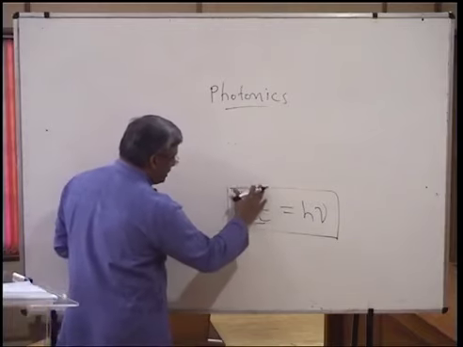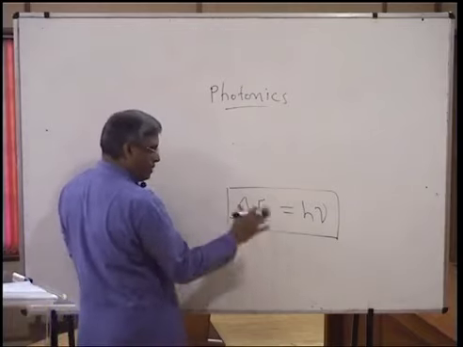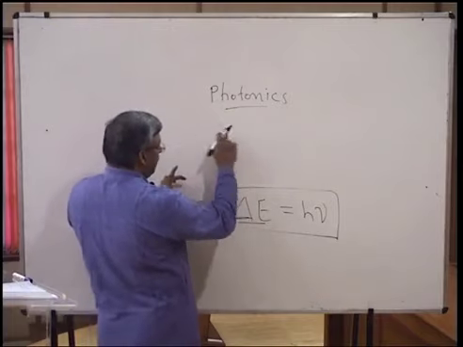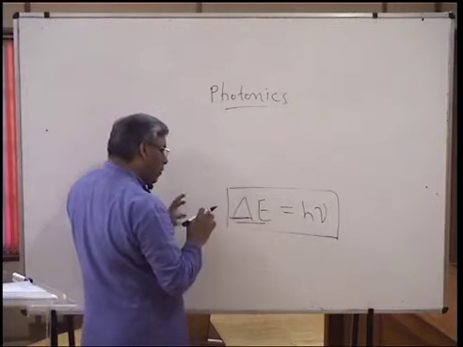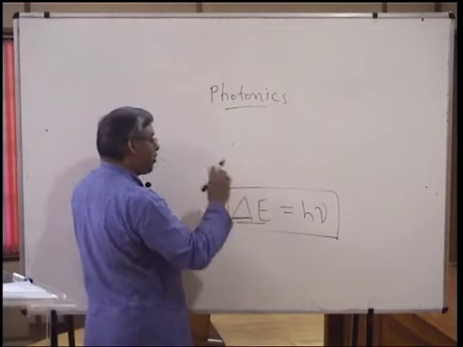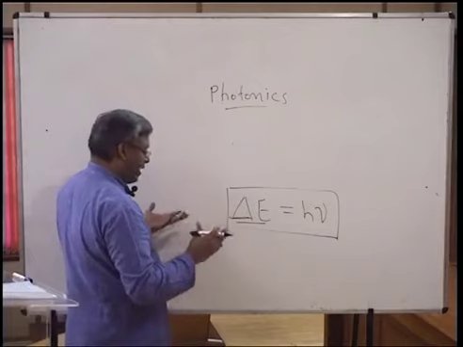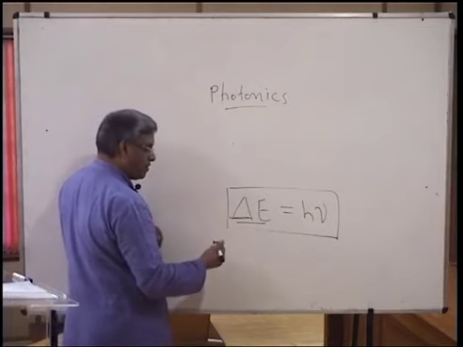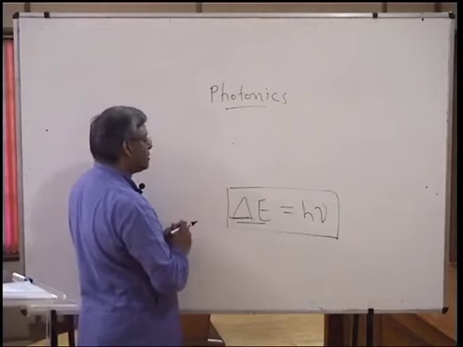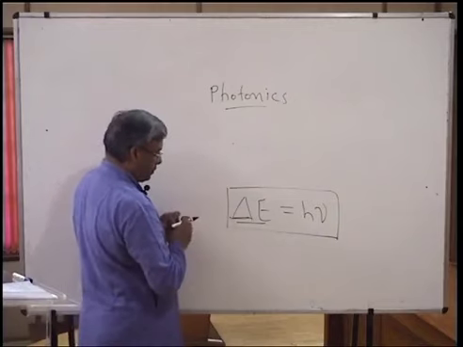So what we see inside the material, any material for that matter, will be a large number of energy levels occupied by quantum mechanical particles. And what are quantum mechanical particles? They can be, for example, electrons, they can be nucleons, they can be atoms as such, or they could be even molecules.